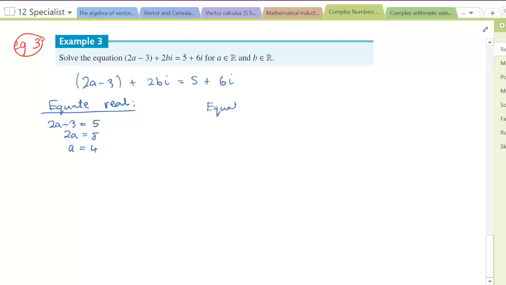When we equate the imaginary side, we can see that 2b is equal to 6. We don't have to put the imaginary number in there, so it's on both sides, and we end up with b is equal to 3. So in this case, it's really nice and simple. As long as we compartmentalize, we equate the real with the real, and the imaginary with the imaginary.